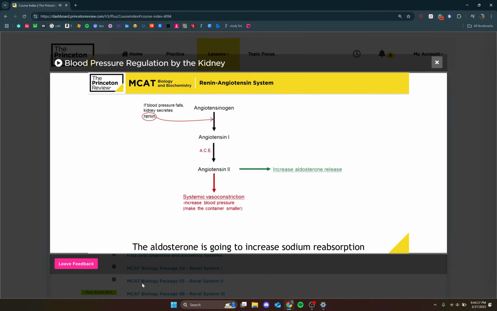The aldosterone is going to increase sodium reabsorption at the distal tubule. So if more sodium is being reabsorbed into the blood, then blood osmolarity is increasing. And if blood osmolarity increases, that's going to trigger a release of antidiuretic hormone, or ADH.